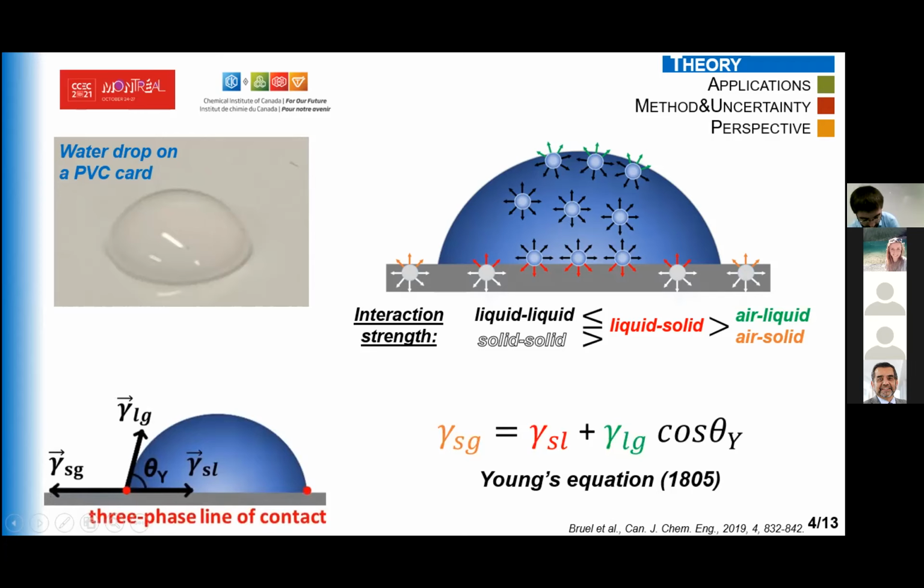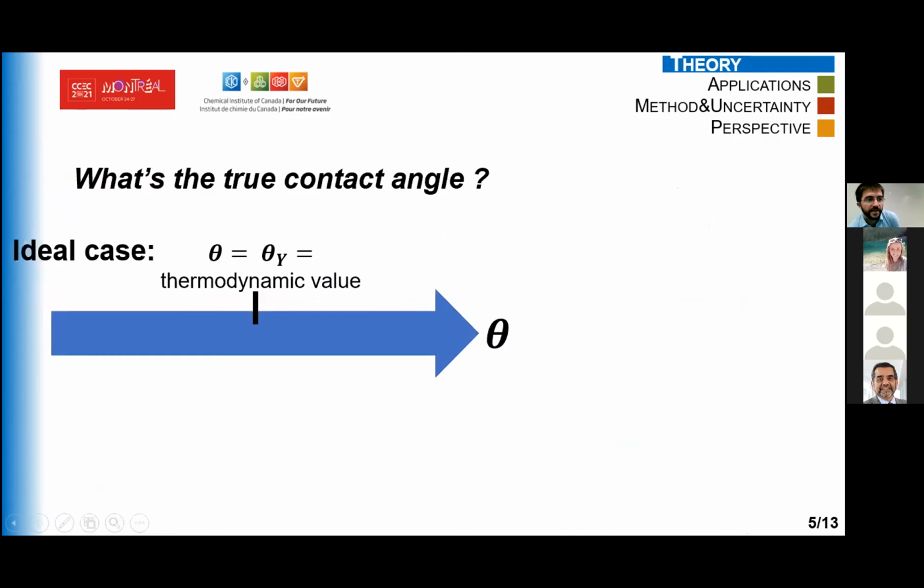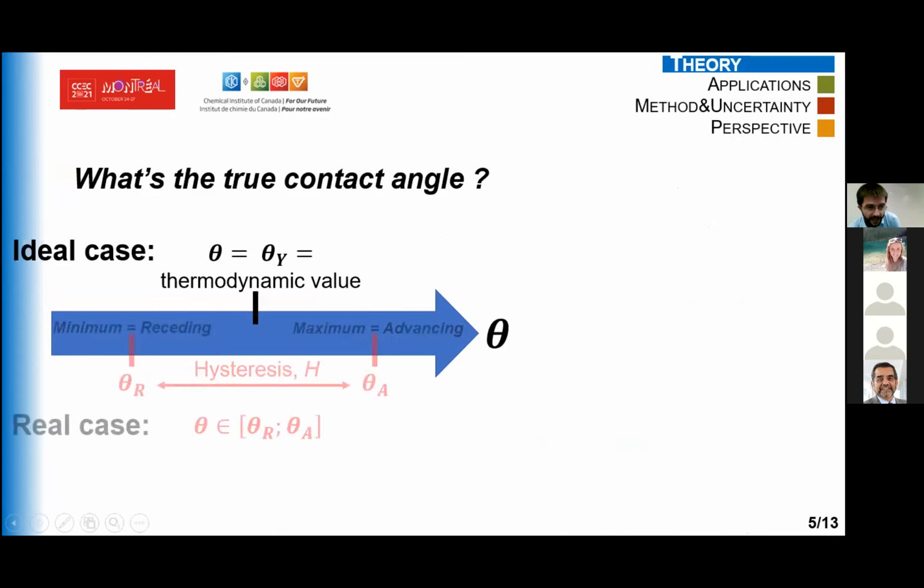I have the contact angle, but it's not that simple. Although in an ideal case you have a single contact angle value, which is a thermodynamic value, in real cases you will have a wide range of contact angles available, with a maximum or advancing contact angle and a minimum or receding contact angle, the difference between them being the hysteresis.